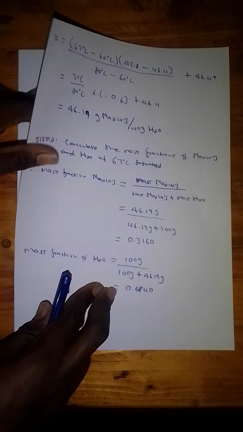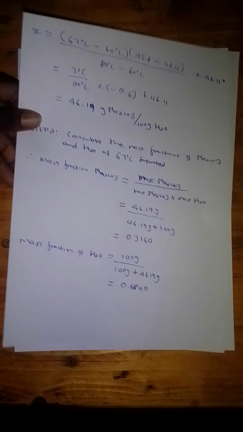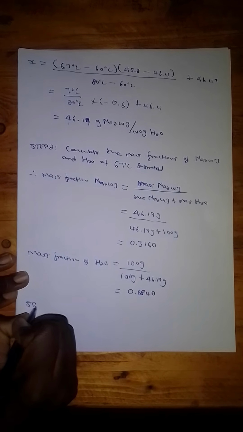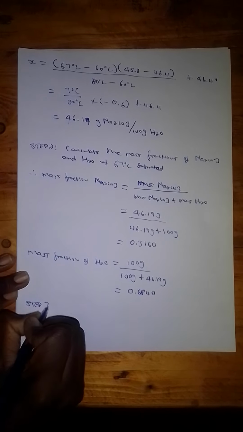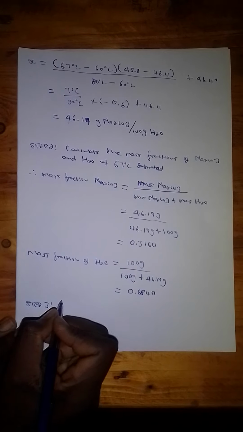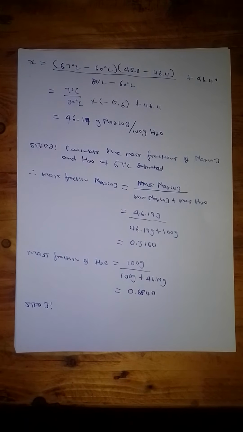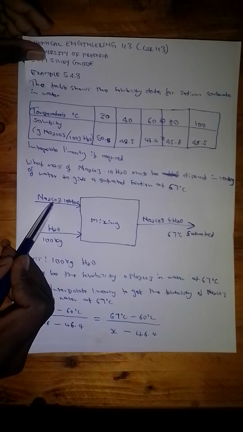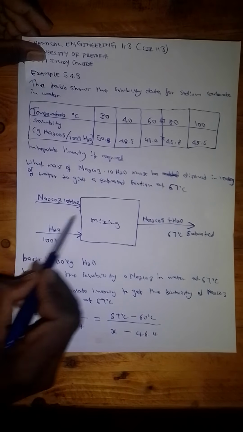Now we're moving forward to our step 3. Let me just write it here and say step 3. In our step 3, we're going to calculate the mass fractions of Na2CO3 and H2O in the stream here.